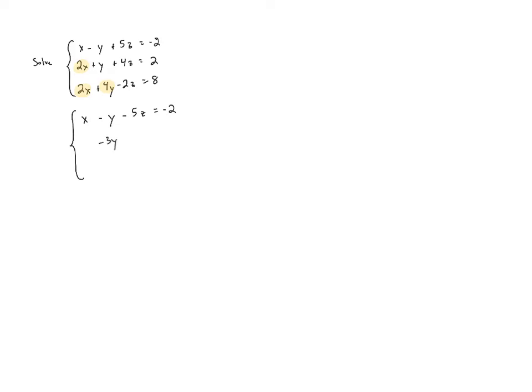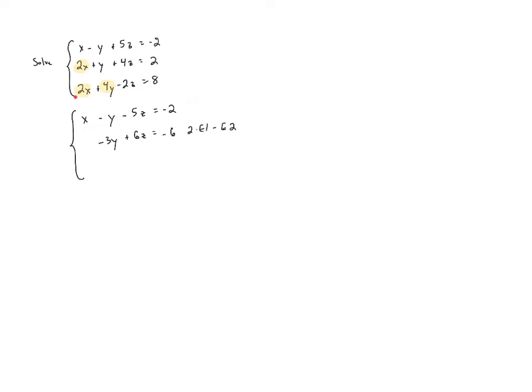Then we're going to do the same thing here. 2 times 5z is 10z, and 10z minus 4z is 6z. And lastly, 2 times negative 2 is negative 4, and negative 4 minus 2 is negative 6. Again, we got this by taking 2 times equation 1 minus equation 2.